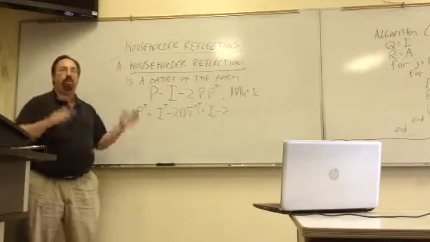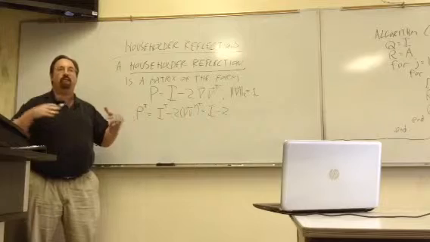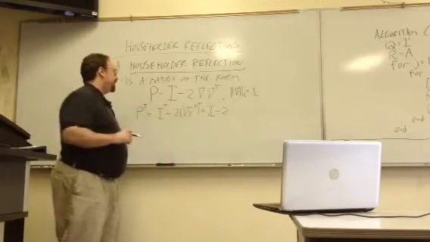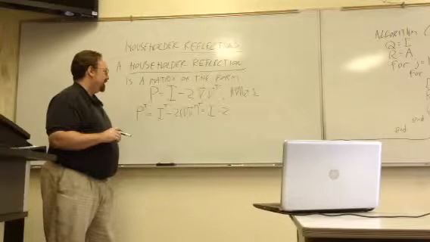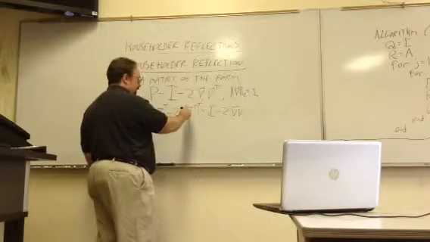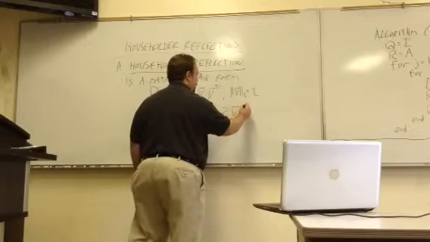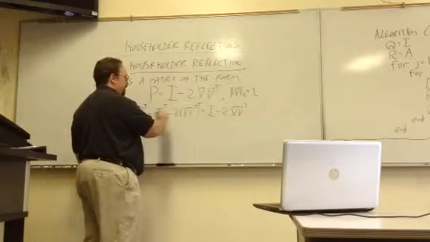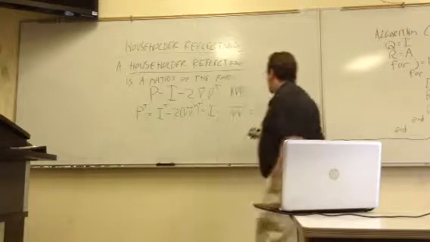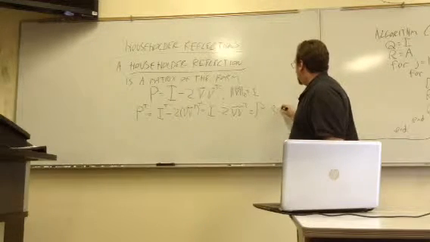The transpose of a product is the product of the transposes in reverse order. So what's that going to give me here? Then you'll have V transpose transpose, which is just V, and V transpose. So P transpose is the same as P. So we can say that P is symmetric.